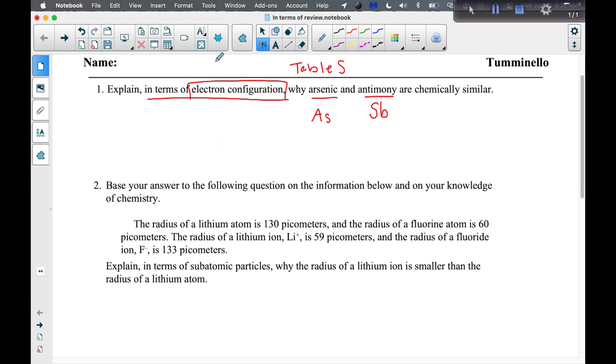Now, if it didn't say in terms of electron configuration, you might be inclined to say that they are chemically similar because they are in the same group. But because it says in terms of electron configuration, you must mention that they have the same number of valence electrons.